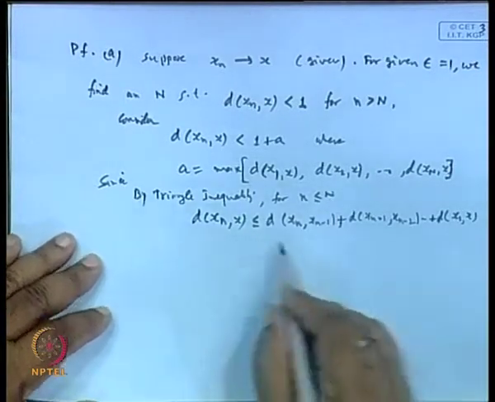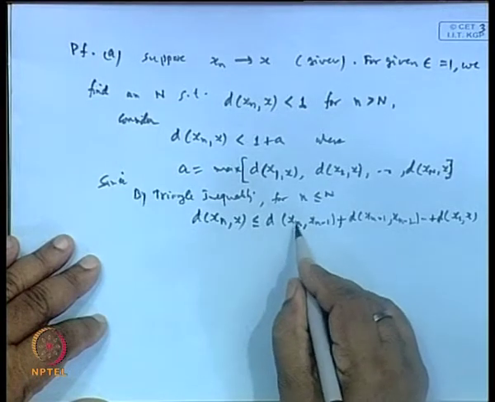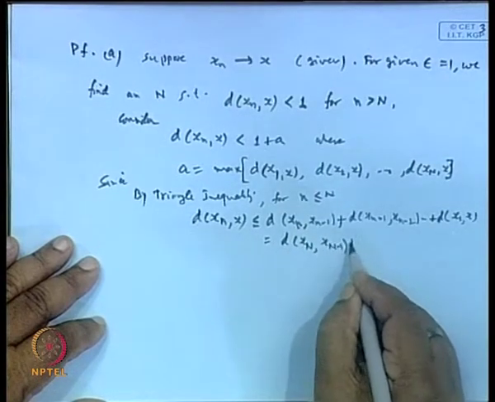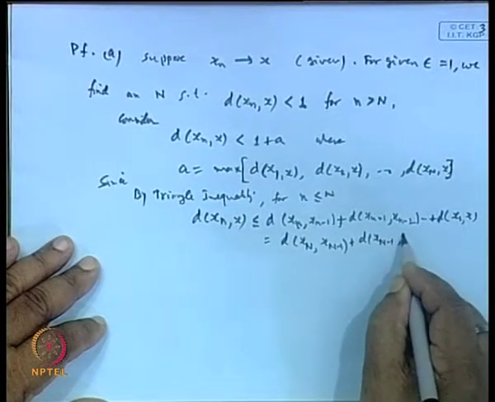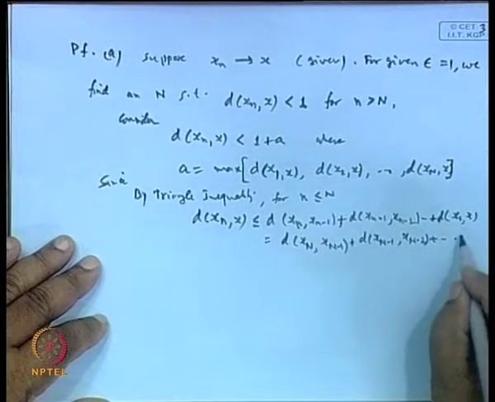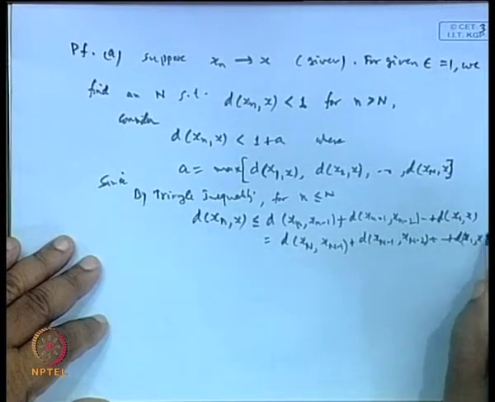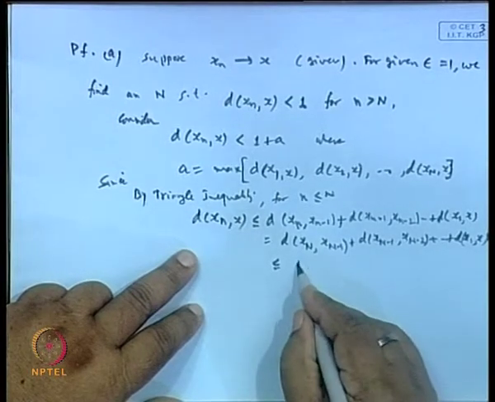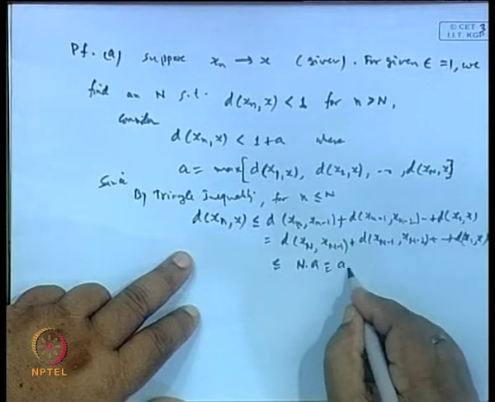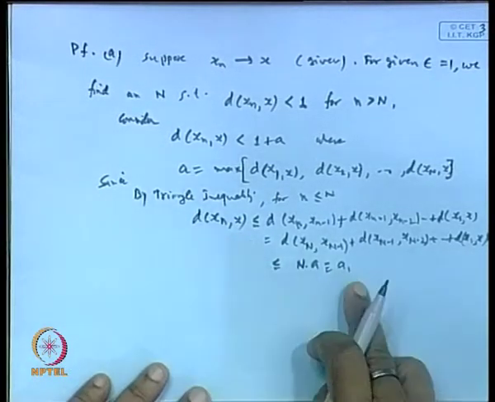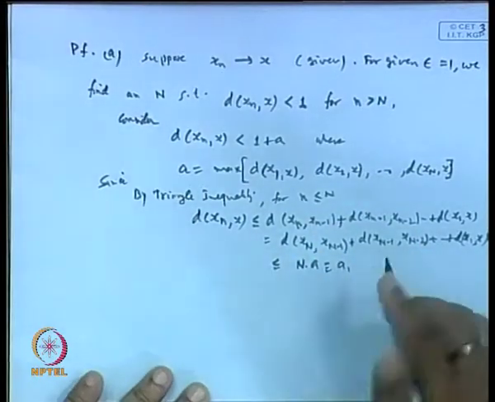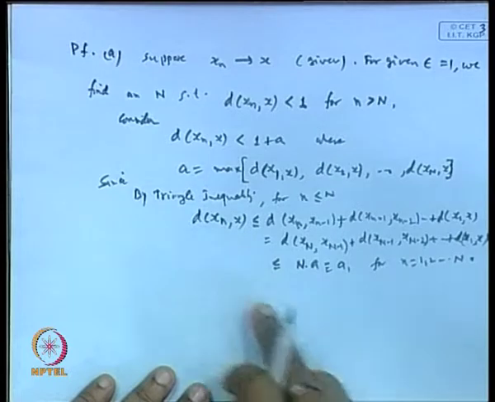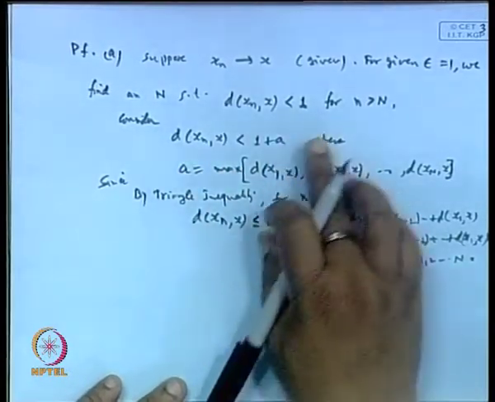So, here when n is there, we can write this as capital N also. Now, the maximum value of this, say a, then we can write this as less than or equal to some N times a. So, let it be another constant, say a_1. So, we can say d(x_n, x) is less than a_1 for all n from 1 up to N, and for n greater than N it is already less than 1.